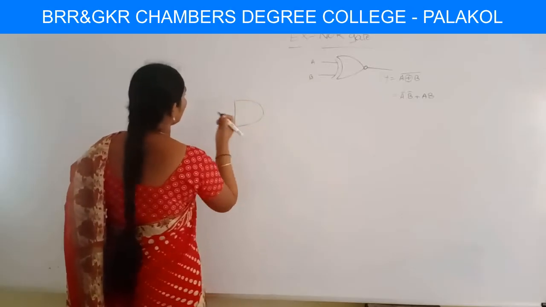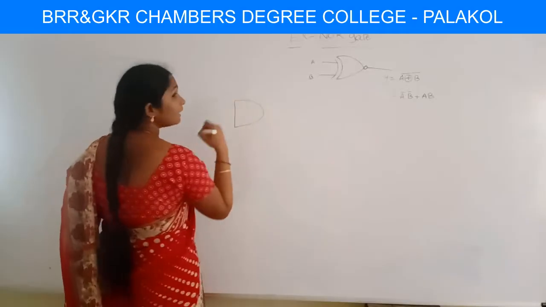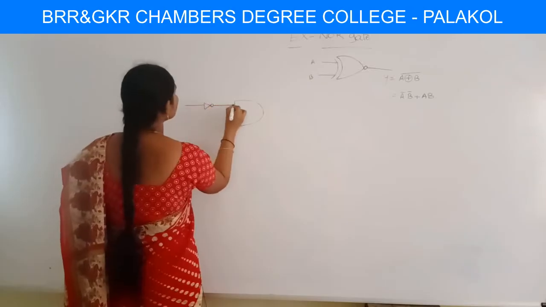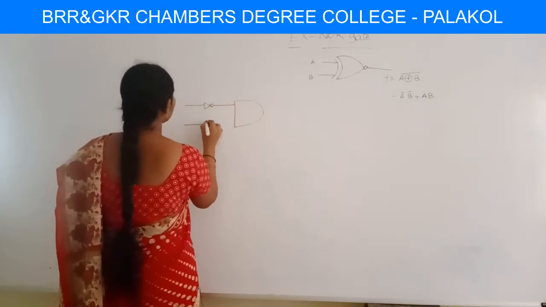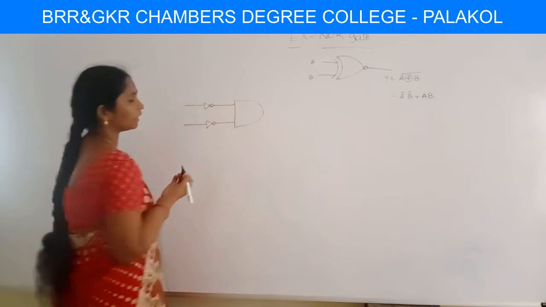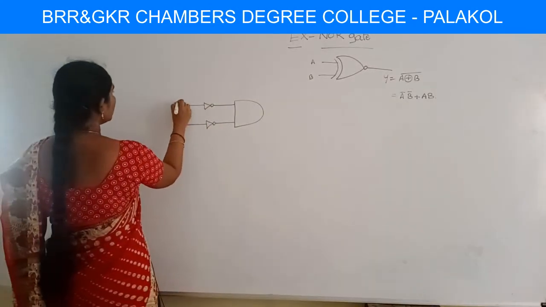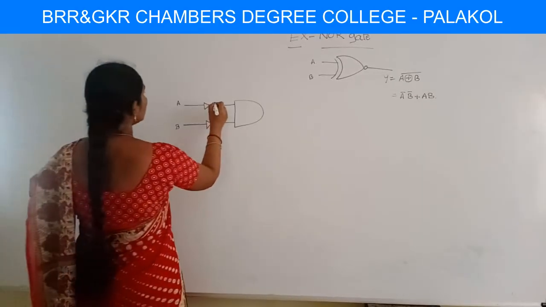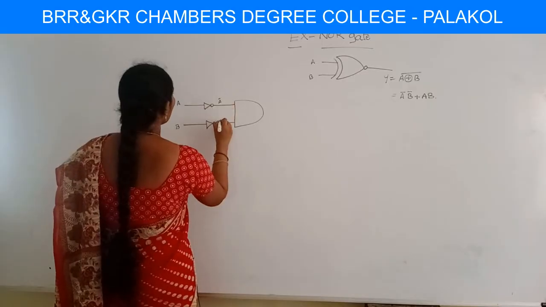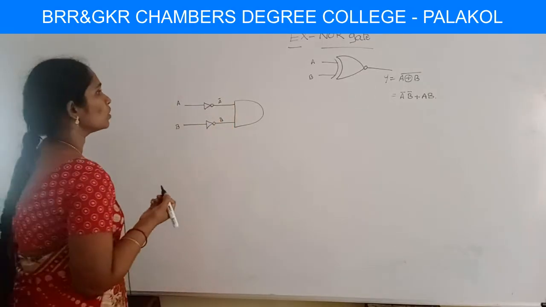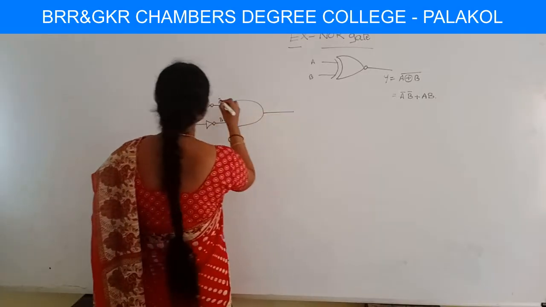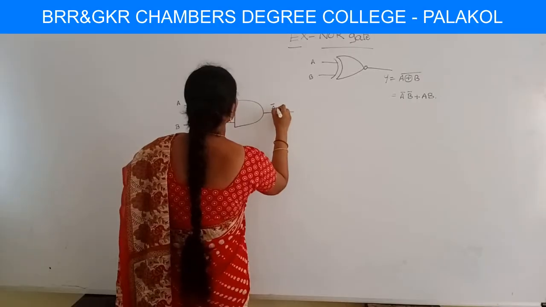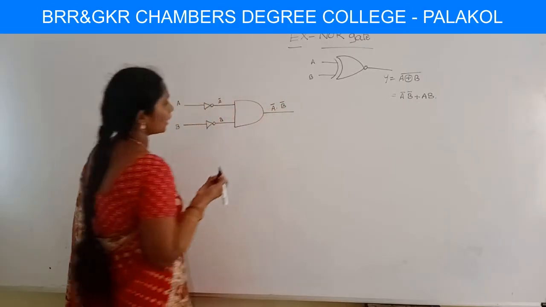Here this is an AND gate, and I apply inputs here, one input and another input. Here I consider A and B as inputs. Here it is A bar and B bar. So finally the output of this AND gate is A bar dot B bar.